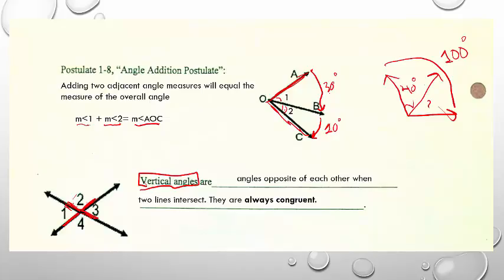So I can go ahead and say angle 2 is vertical to angle 4. And if that's the case, they are always congruent. So angle 1 and angle 3 are vertical and congruent. And there we have a little note.